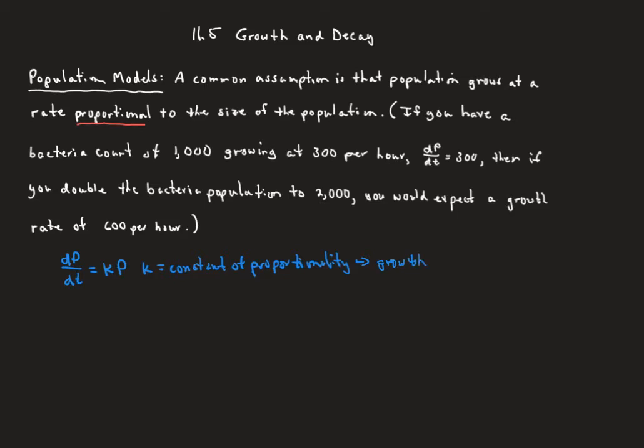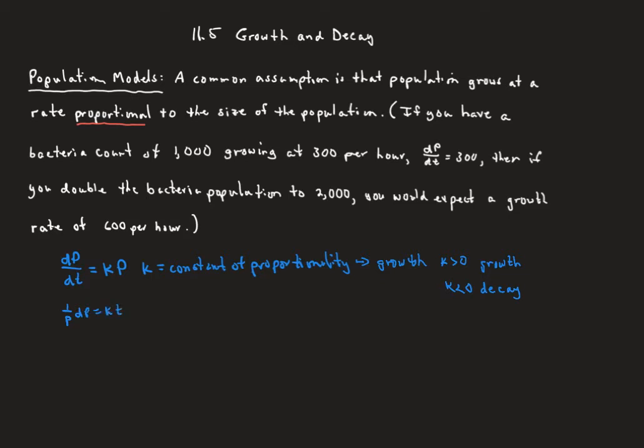If k is positive, we're getting a growth in the population. If k is negative, we would get a decay or decline in the population. We have seen this before, and we can solve this differential equation by separating our variables.